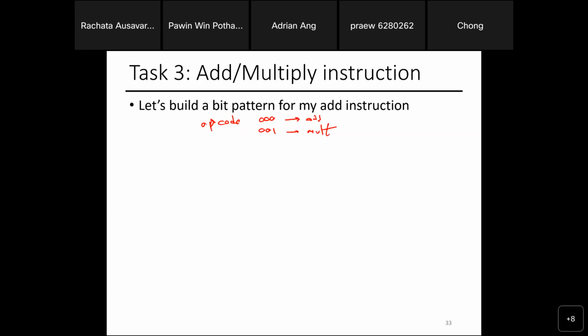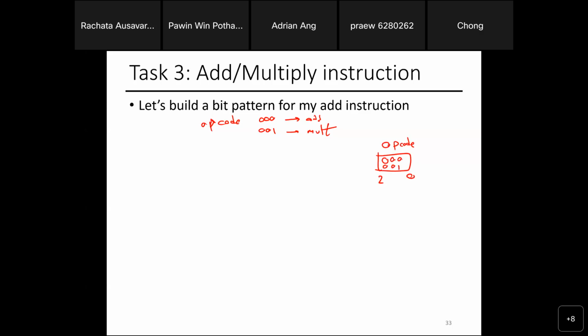At the top, at the bottom, pick something. Do you want the opcode to be at bit 0 to 2, or bit 15 to bit 13? All right, 0 to 2, okay. So here's your opcode. Bit 0 to bit 2, it's going to be either 0, 0, 0, or 0, 0, 1.